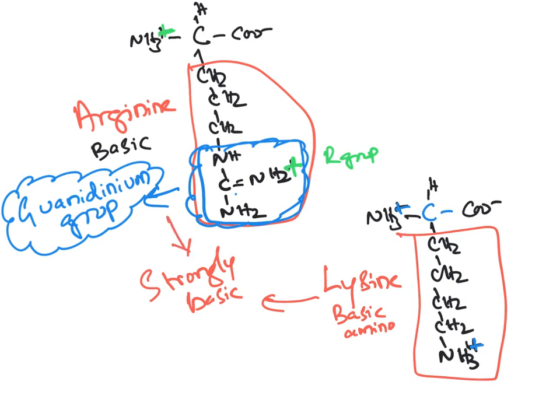Now we have another basic amino acid called histidine. Histidine is something special here. So the alpha carbon, COO minus, NH3 plus, H, and the side chain of histidine has CH2, and then a 5-membered ring.